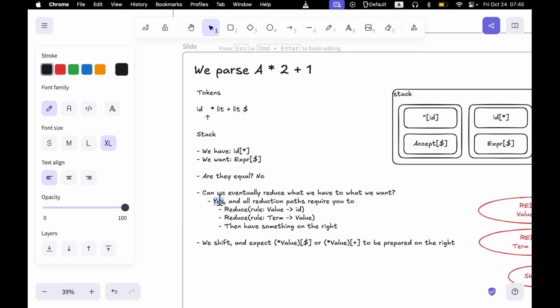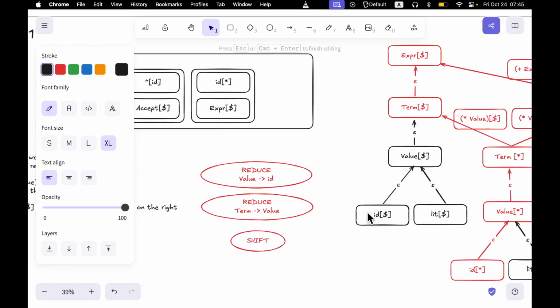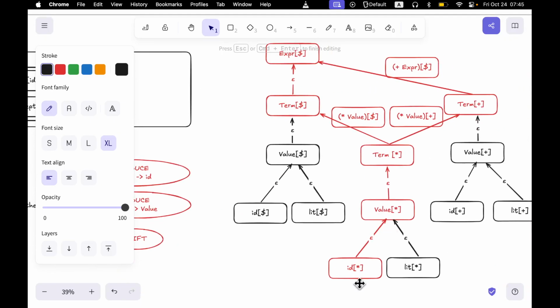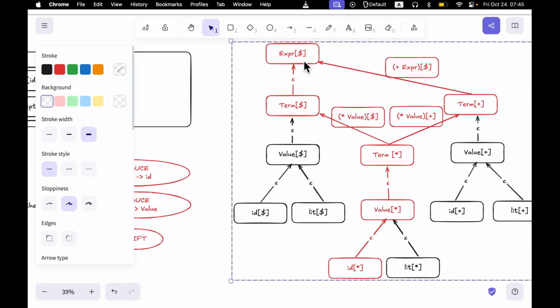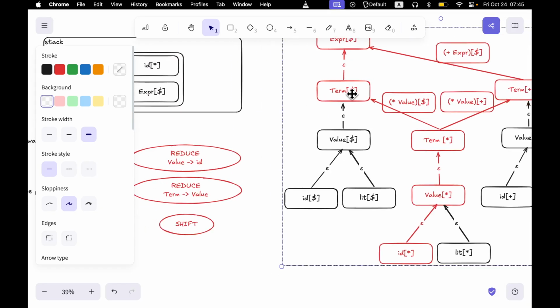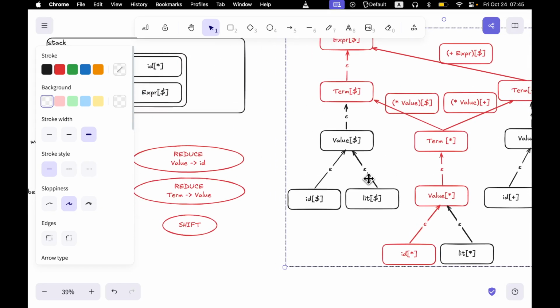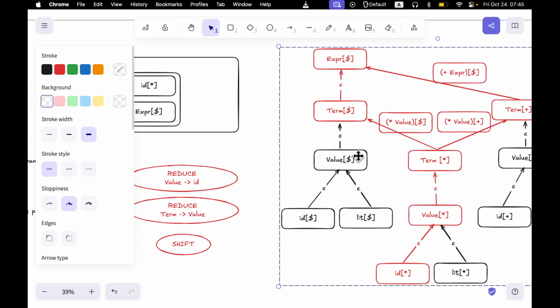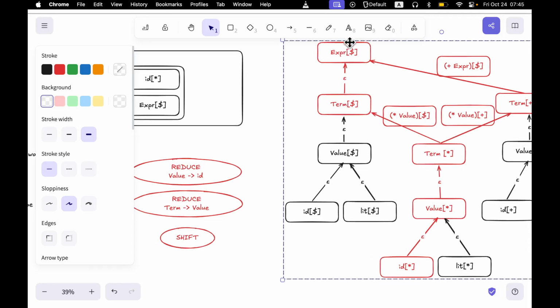And the answer is yes. And interestingly, there are two paths from ID star to expression dollar. Before you worry that this is a conflict, this isn't, because these two paths agree on which actions to take to get to this state.